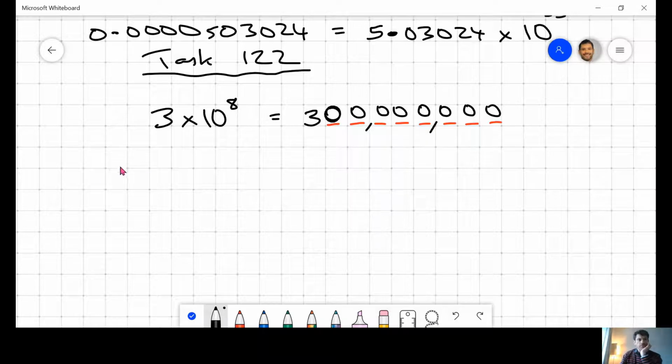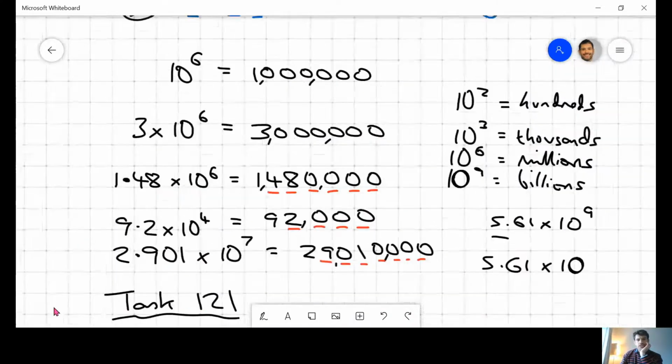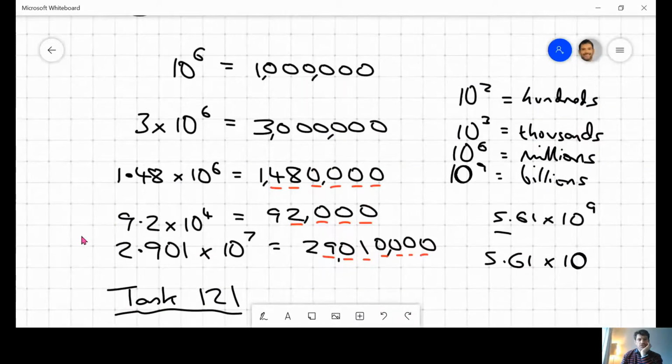Good. I won't do numbers quite so big, perhaps 4.02 times 10 to the 3. Okay, so first of all, write these digits out. Just because I happen to know that the decimal point will fall at least after the 2. But perhaps a good way to focus is, if you remember, I said about 10 to the 3, you get used to 10 to the 3 being thousands.